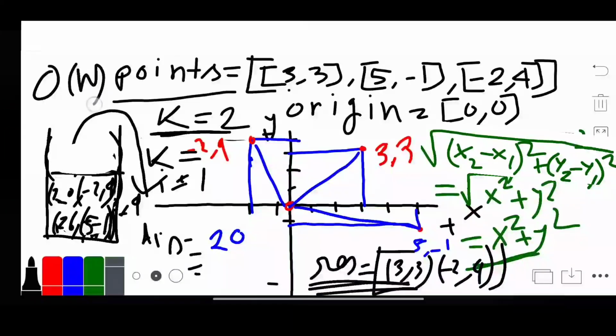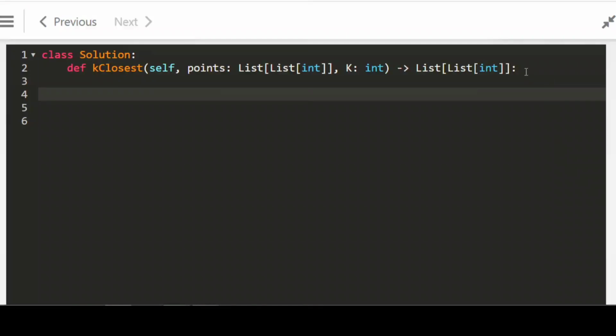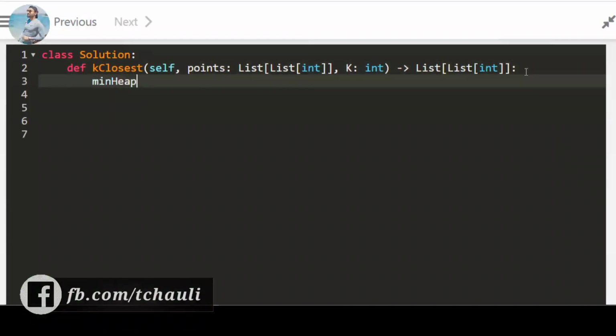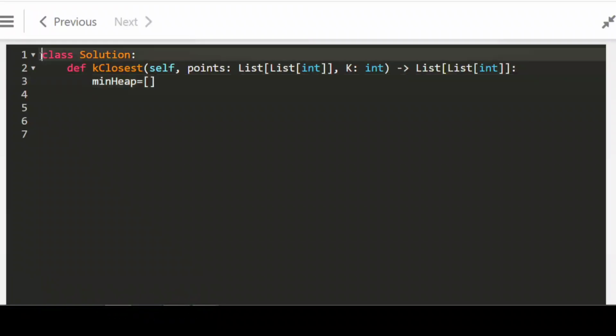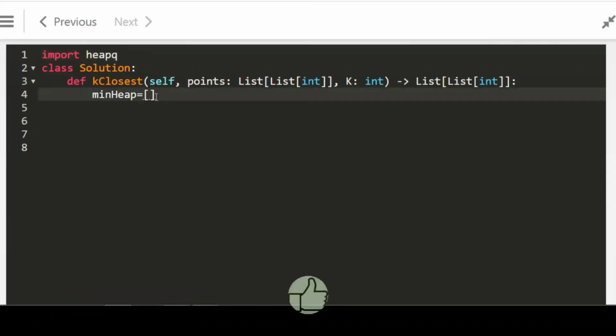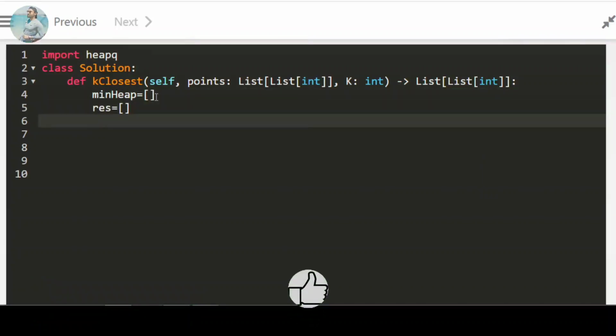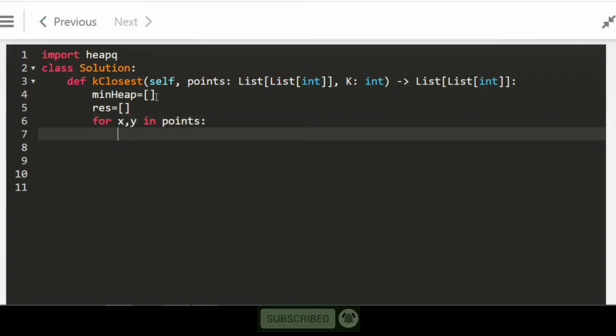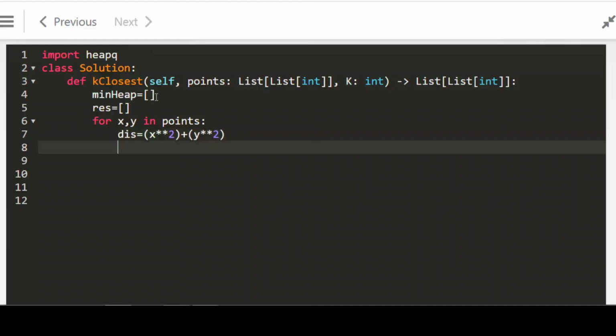Let's move to the implementation part. First I will take a min heap, and I will import heapq. Now I will take a result list where I will store the result points. In this for loop I iterate over the points, x point and y point, and then apply the formula x square plus y square, because our origin is fixed. We just need the sorted order of distance.